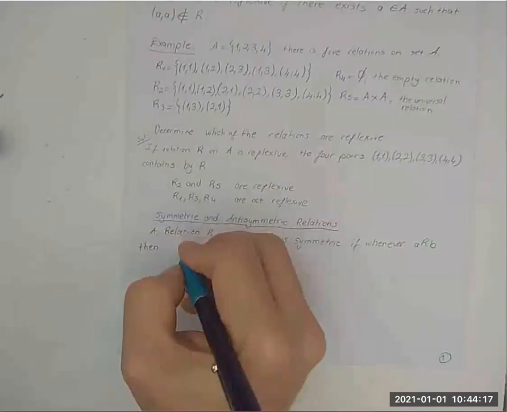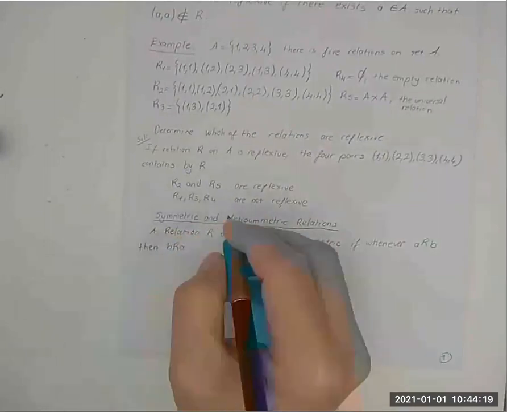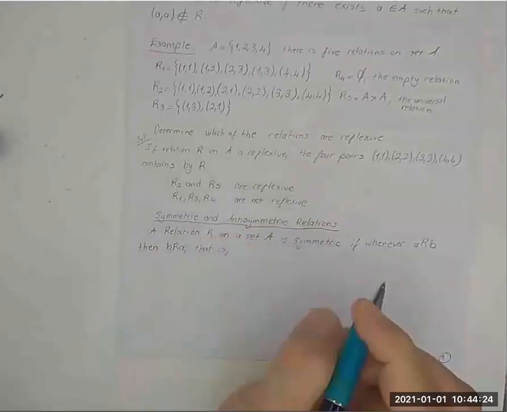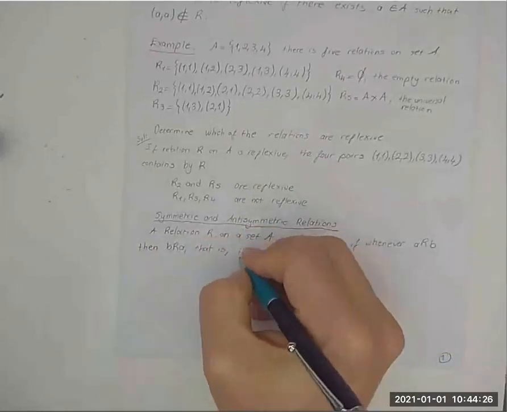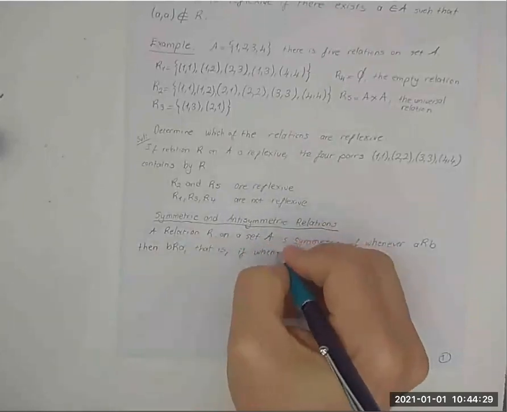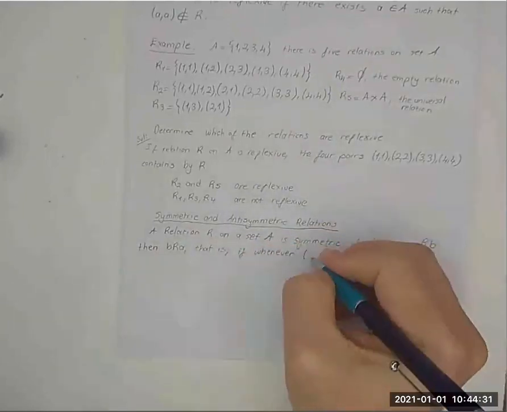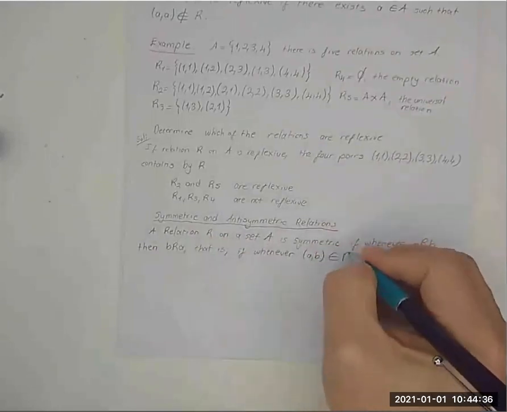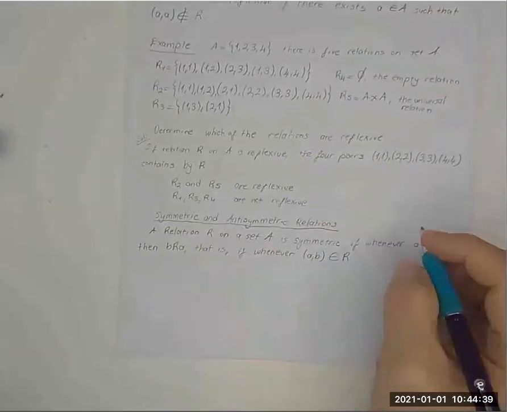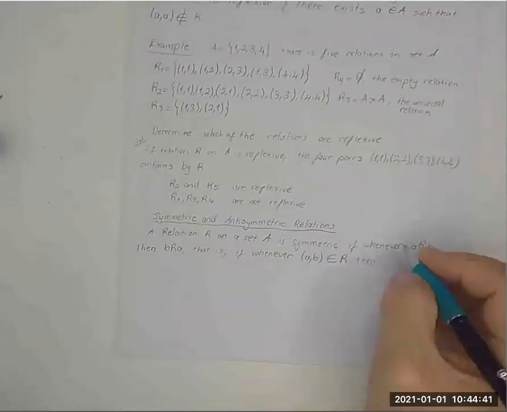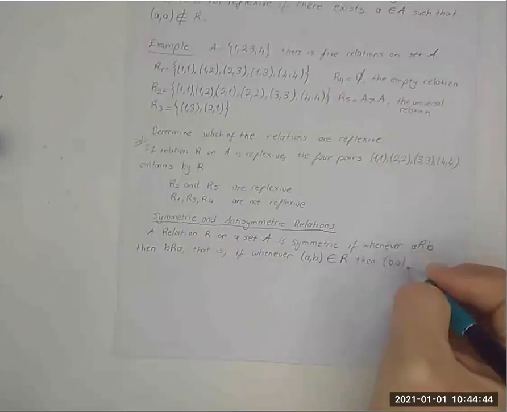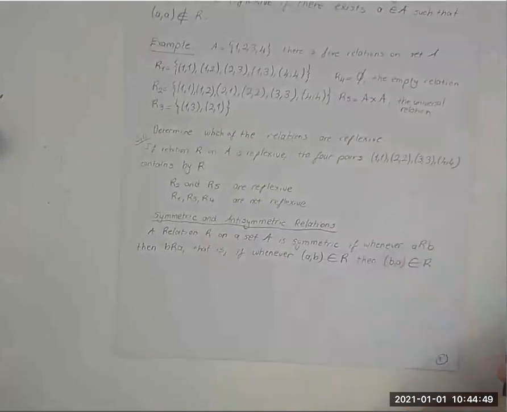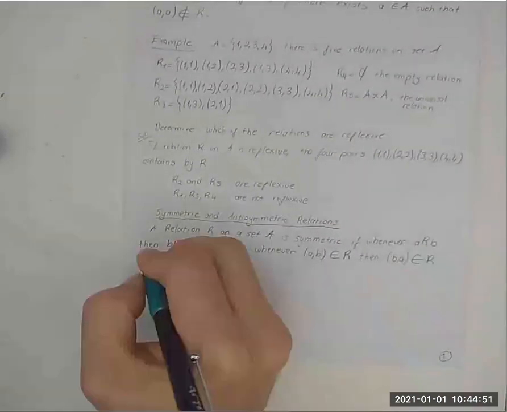A relation R, again on a set A, is symmetric if whenever a is related to b, then b is related to a.